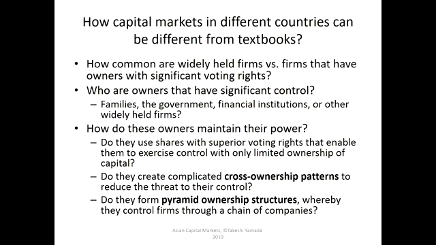And especially in other countries like Korea or sometimes Hong Kong and other Asian countries, there is this pyramid ownership structure, which means that typically the family is at the top. The family owns and controls two firms, and then this next group of firms controls the other firms. It goes on, so it becomes like a pyramid scheme. That's how they control the group. This is quite typical of Korean corporate groups.